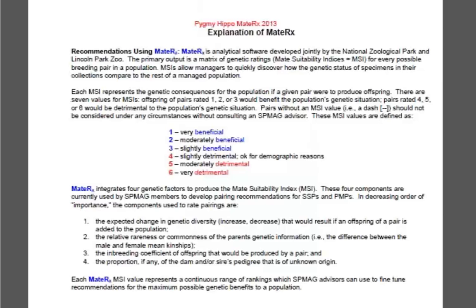So to explain MateRX, for every male-female pair in the population, MateRX calculates a single numeric index indicating the relative genetic benefit or detriment to the population of breeding that particular pair. This index is called the Mate Suitability Index, or MSI, and is calculated by integrating 4 components.